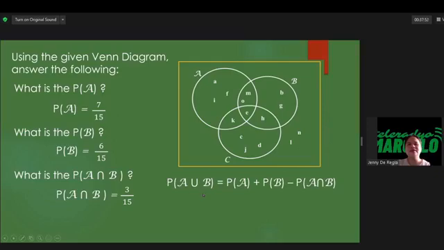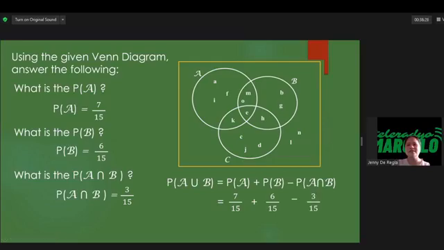The probability of A union B is equal to the probability of an event A plus the probability of an event B minus the probability of A intersection B. The probability of an event A is equal to 7/15, plus the probability of an event B, 6/15, decreased by their intersection, which is 3/15.